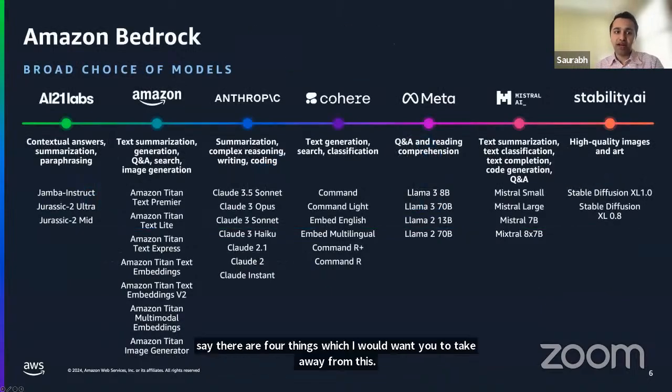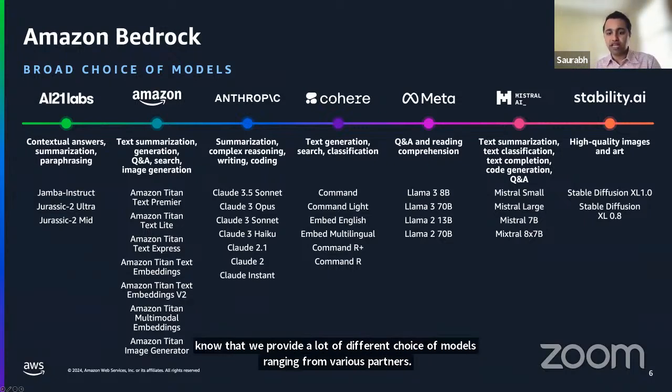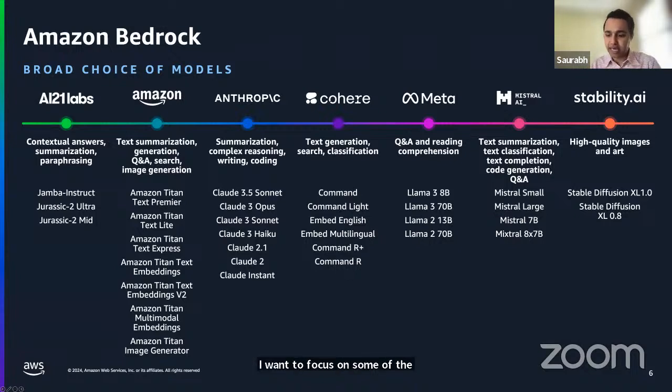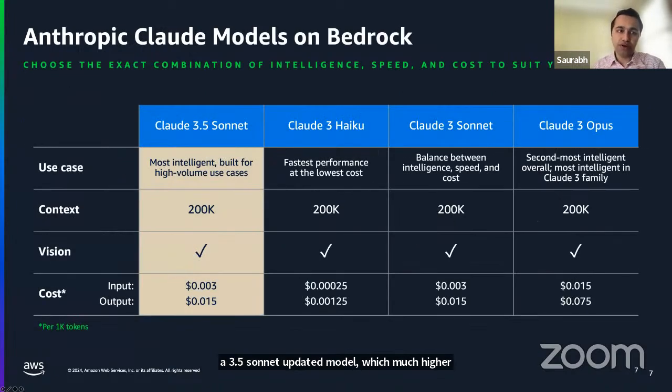I know that we provide a lot of different choices of models from various partners. I want to focus on some of the Anthropic models. Anthropic recently came, this week itself, with an updated 3.5 Sonnet model, with much higher capabilities. And I do want to focus again on the key aspect here that there are different capabilities when it comes to different models, right?